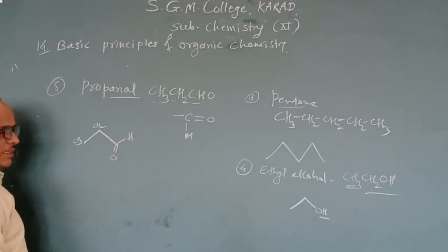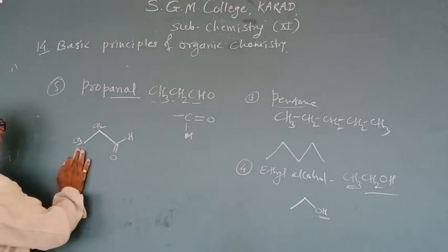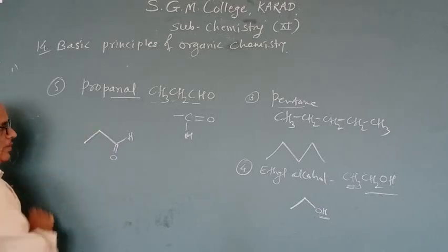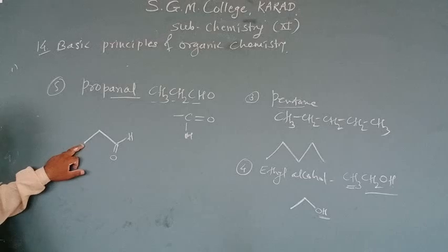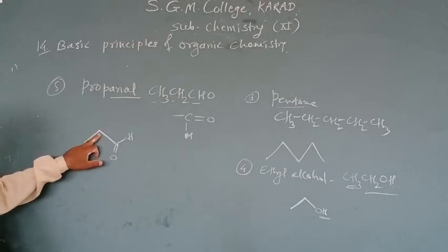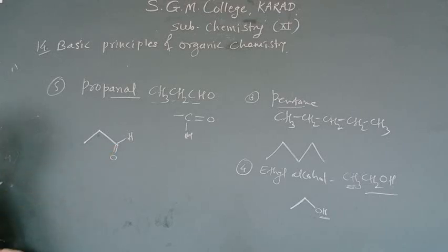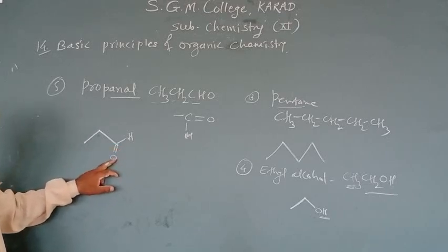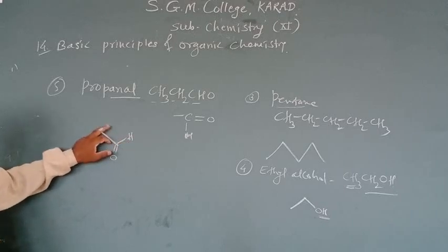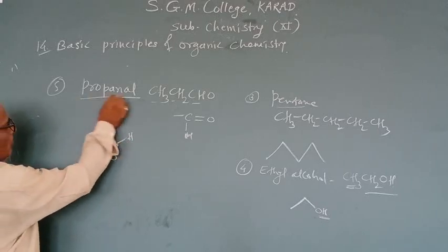So this point is a carbon atom. So you don't write CH3 CH2 in the bond line formula. So this end is a CH3, the intersection is a CH2, and the last carbon atom is CHO. But you do not show the carbon atoms here, only show the double bond O and H. So this is the bond line formula of propanal.